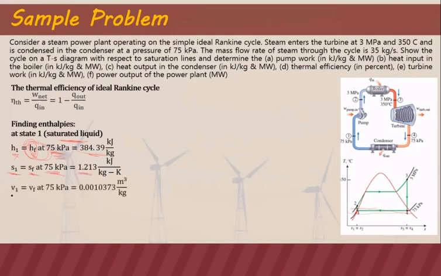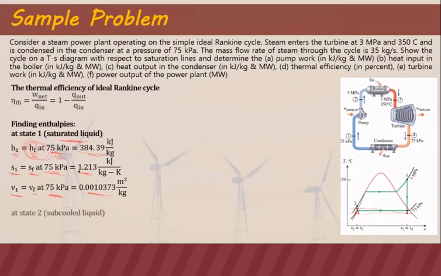We will also need the specific volume at 75 kPa from the steam table, and that is 0.001037 m³ per kilogram. So these are the properties that we will need at state 1 based on the saturated liquid at 75 kPa.